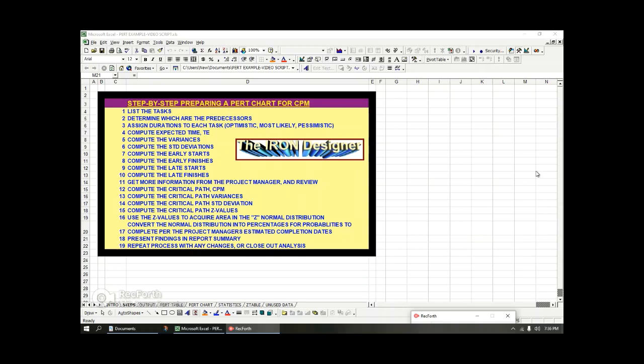And then later on, you're going to be completing the project manager's estimated completion dates, which has to do with what his estimate is based upon the critical path. And we're going to use the z values and the normal distribution to see what kind of probability and what percentage can we actually meet the date set by the project manager in the construction project.